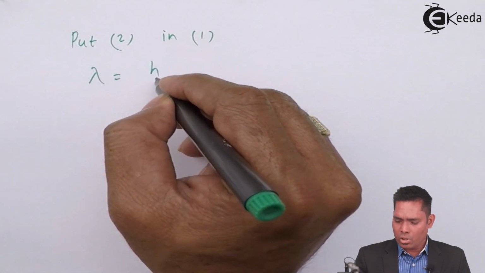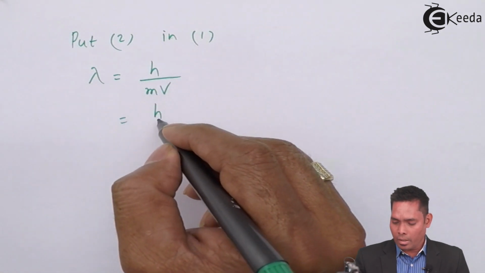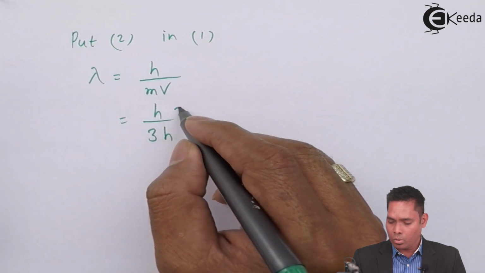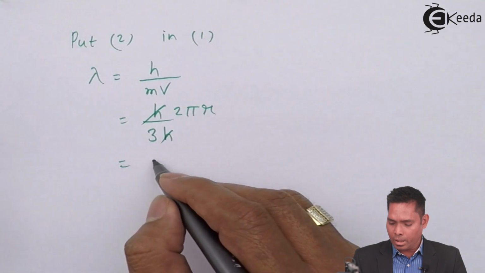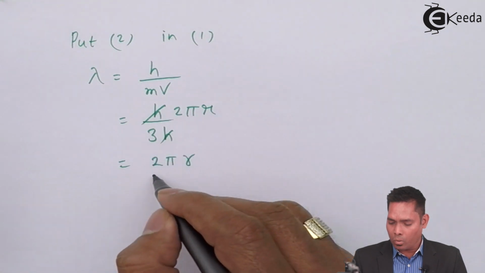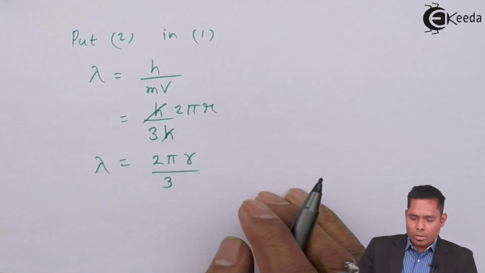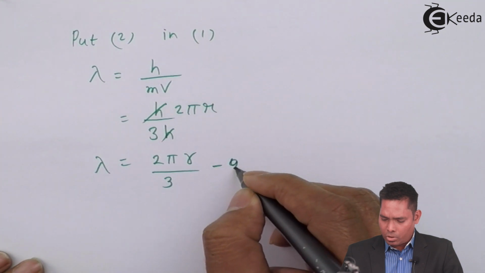Lambda is h over mv, and the mv we got as 3h upon 2 pi r. So from here I am getting lambda equals 2 pi r over 3. Suppose this is equation number 3.